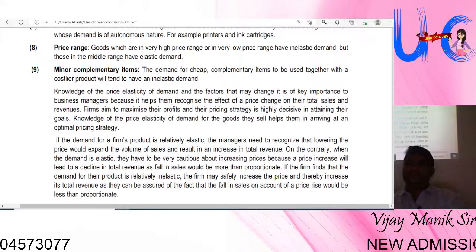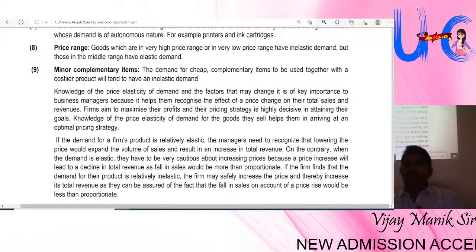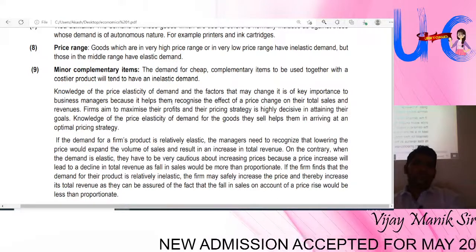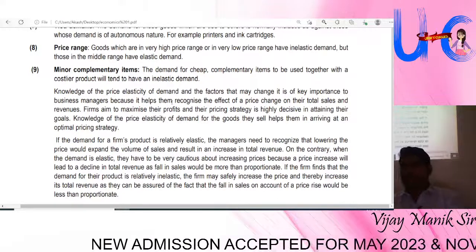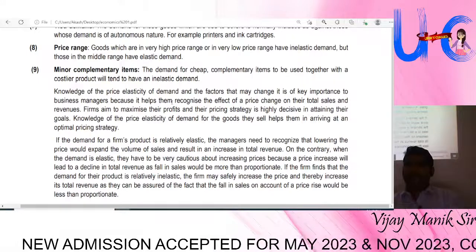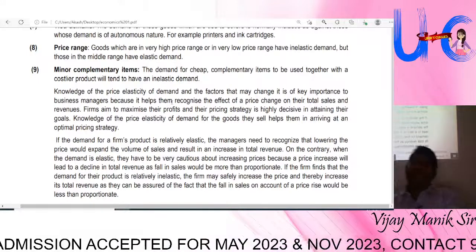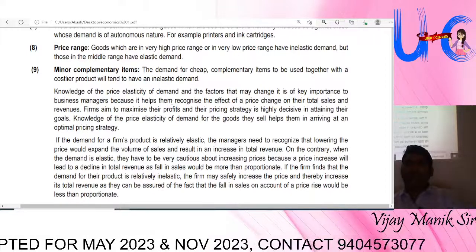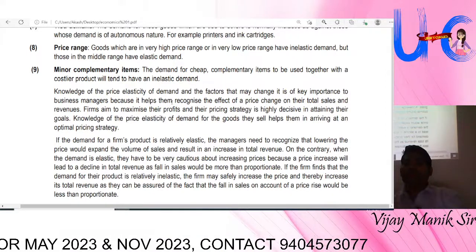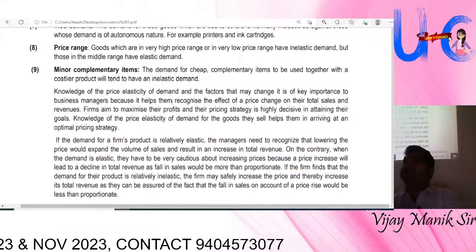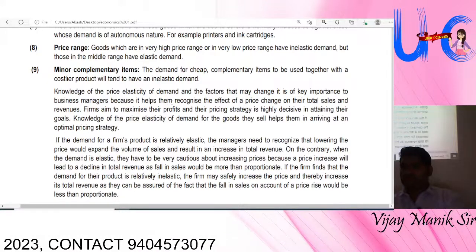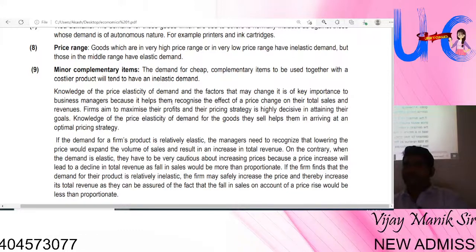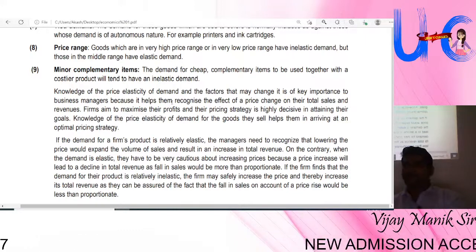You have a bathing soap which is not in demand very well, then you will get bathing soap with a shampoo or some other product as a complementary one, to increase the demand. Or it is also given as an offer.